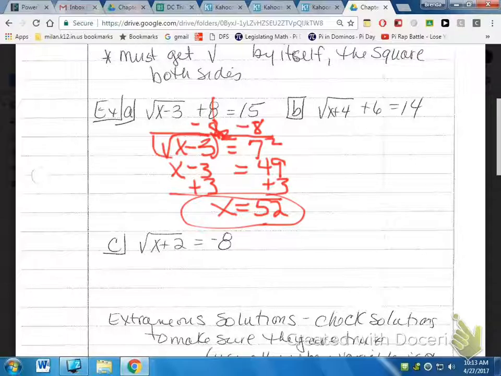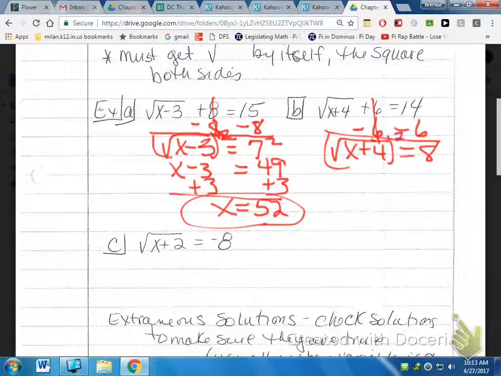Radical x plus 4 plus 6 equals 14. Again, we want the radical by itself. So subtract 6, and you get radical x plus 4 equals 8.